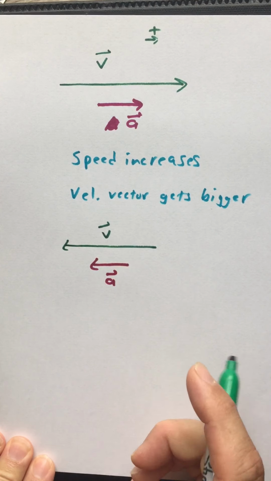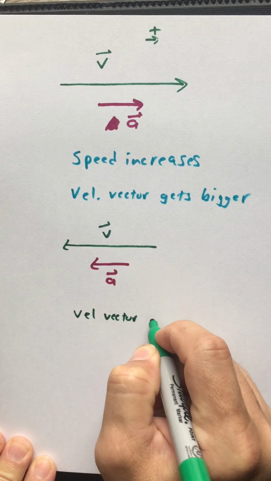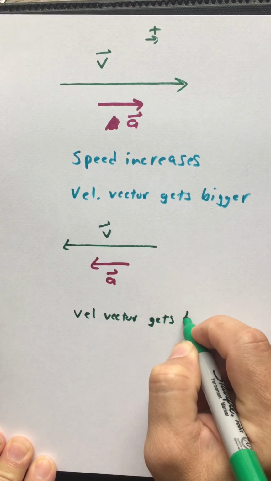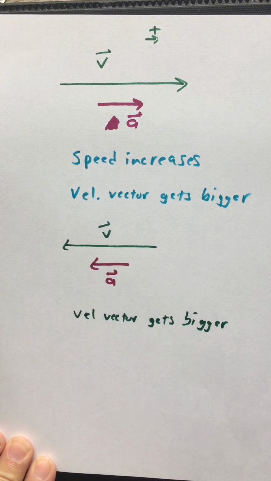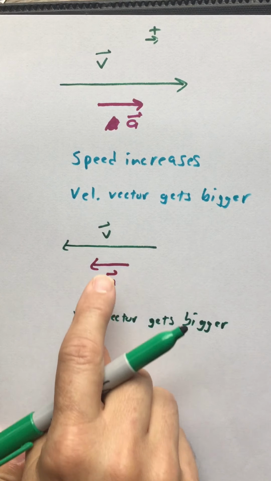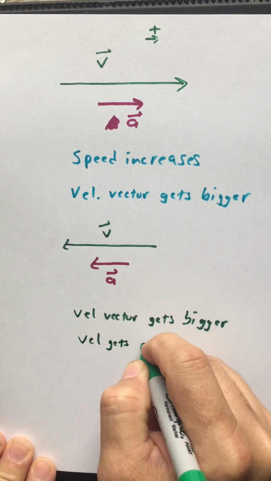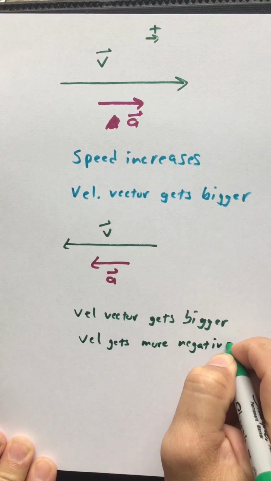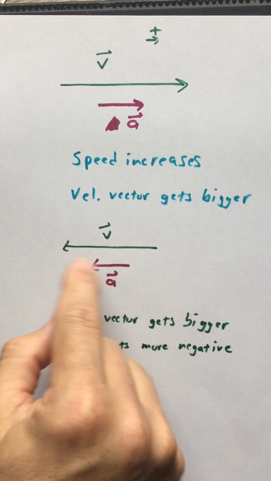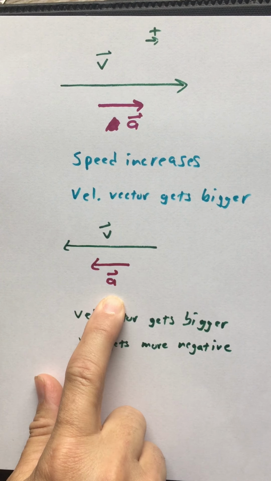So what has to happen is that the velocity vector gets bigger. Now, the confusion comes in because the velocity gets more negative, right? It's getting bigger, but it's still pointed in the negative direction because the acceleration is also negative.